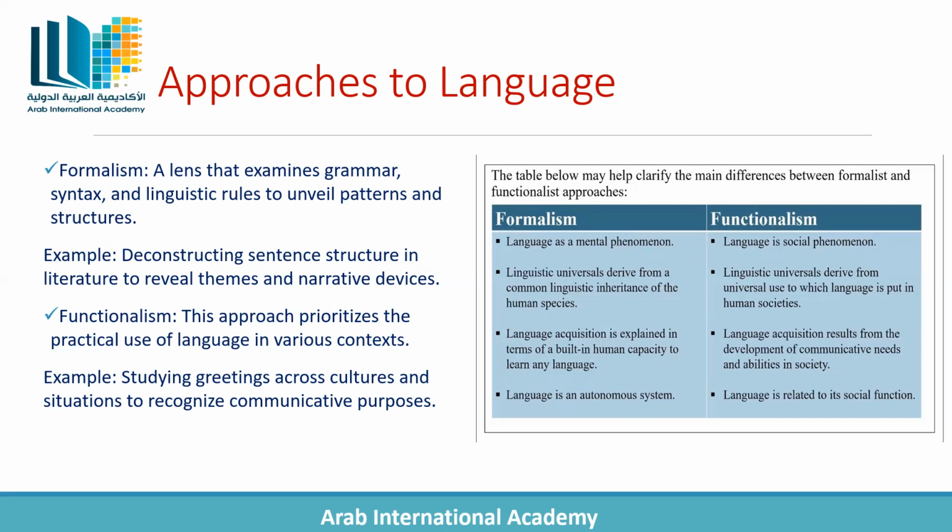By dissecting sentences, you discover the hidden patterns and structures that reveal the essence of a text. For instance, in literature, you can deconstruct sentence structures to uncover underlying themes and narrative devices. It's like peeling back layers to see how the masterpiece is constructed.